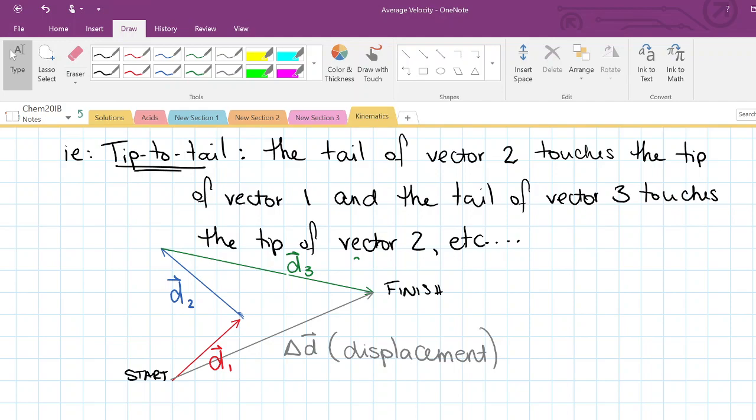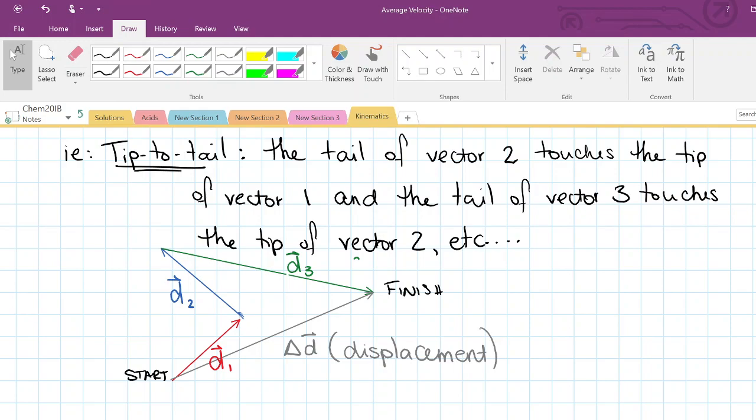Okay. This separation here is their displacement. This is how far they've displaced themselves from their original starting point. If I add these distances together, that's their total distance traveled. This is their displacement traveled.